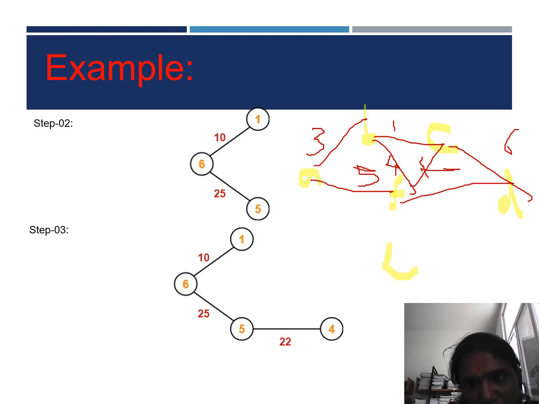We are connecting, here we have 5, here we have 6, here we have 2, here we have 8.